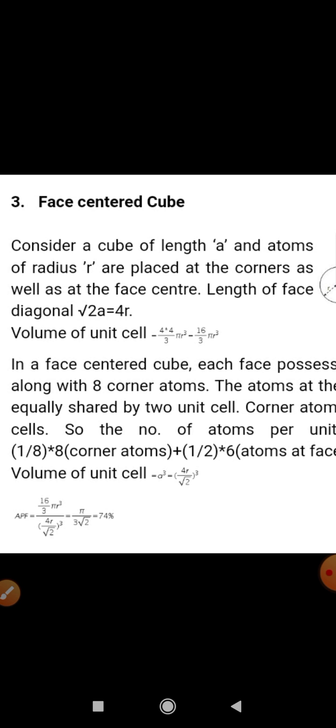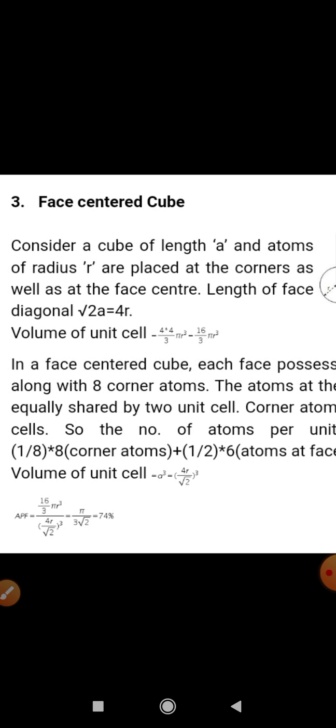In FCC, 8 corners, that means 1 by 8 into 8 equal to 1 atom. Then 6 atoms are present at the 6 faces of the unit cell. That means half of the atom is present in this unit cell and half of that atom is present in the beside unit cell.